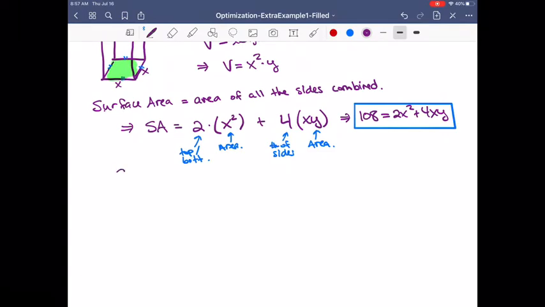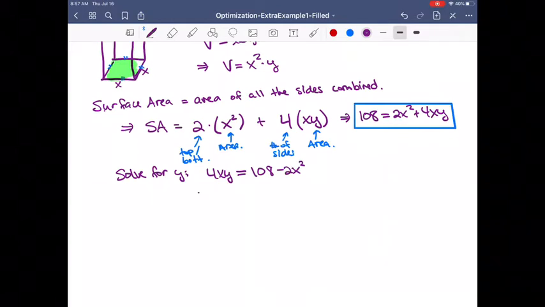So solving for y, I'm going to have 4xy is equal to 108 minus 2x squared. And then if I divide by 4x, I'm going to have y is 108 minus 2x squared over 4x, which I could simplify to 54 minus x squared over 2x if I cancel out the 2 that's on the top and the bottom.